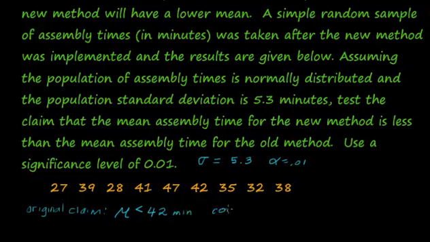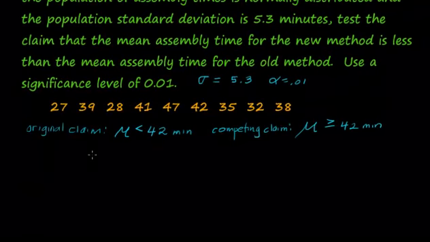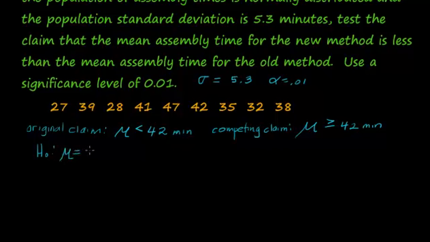So the competing claim has to cover every other possible outcome, that would be the mean greater than or equal to 42 minutes. So our null hypothesis is always that the mean is equal to, in this case, 42 minutes. And the alternate hypothesis here corresponds to the original claim. Note that the condition of equality is with the competing claim.